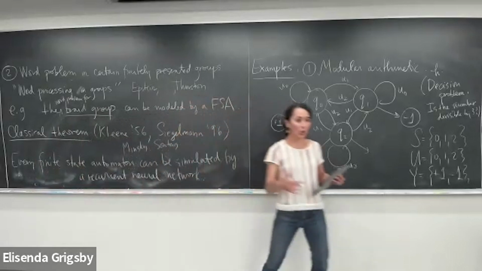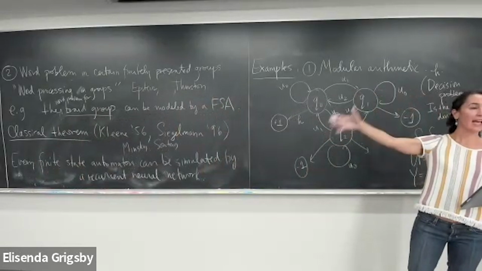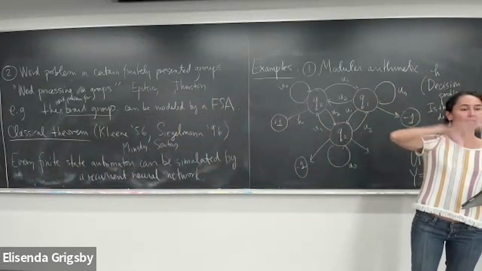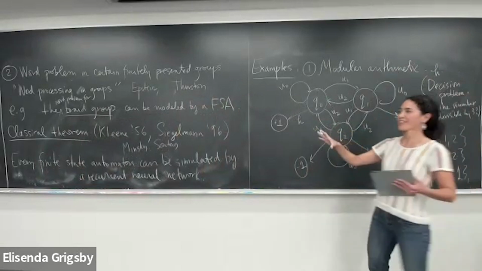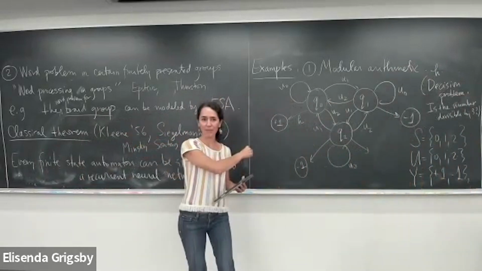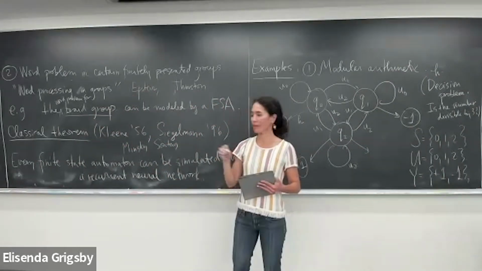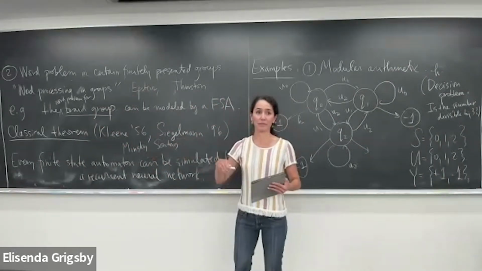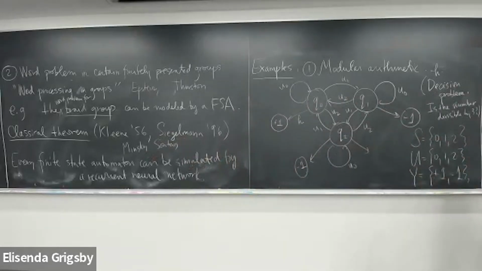Namely, there's an encoding of states as vectors in some vector space, and an encoding of updates as vectors in some vector space, in such a way that you can realize both the update map and the output map as neural network maps. Their constructions are not hard.